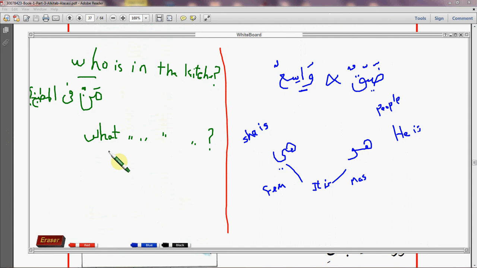Now, how to say what in Arabic? I already know how to say who in Arabic, it means من. Now, what in Arabic means ماذا. This is ماذا. And the rest of the question, ماذا في المطبخ.